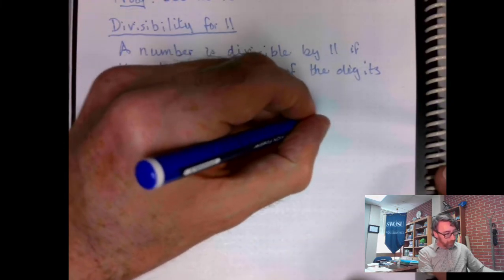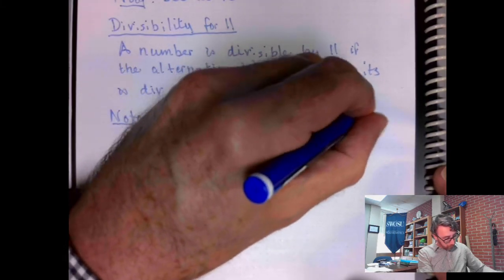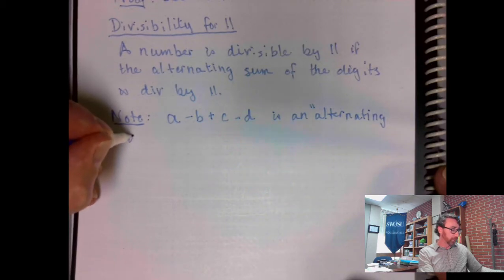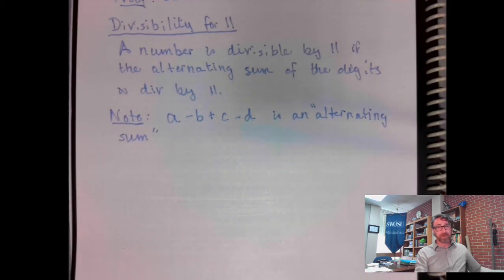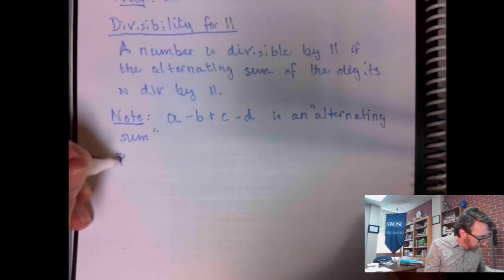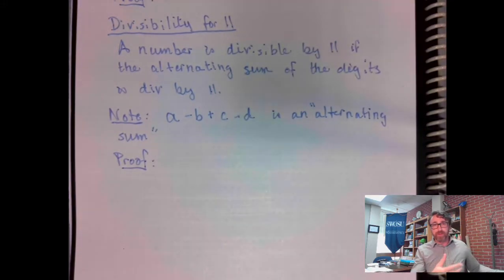That is what I mean by an alternating sum. Okay, so let's think about why this would work here. Let's talk about a proof for this divisibility test for 11.